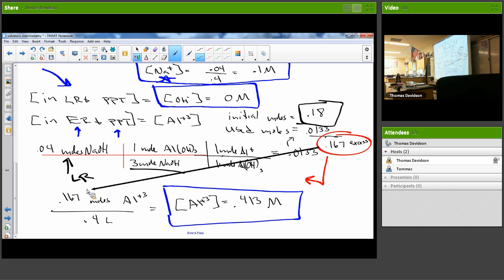That now is divided by the new volume, and you end up with the concentration being 0.413. And you said it was 418 for you guys? I don't know. 417, whatever. Did I write it down? Did you have 0.413? Okay, probably he had more numbers after the decimals, the only difference.